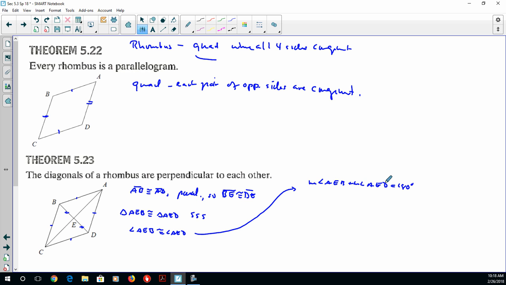So this is 2 times the measure of angle AEB, because these two angles have the same measure. So the measure of angle AEB is 90 degrees. So this is 90, which means that's 90, which means everything in here is 90. So everything's perpendicular.